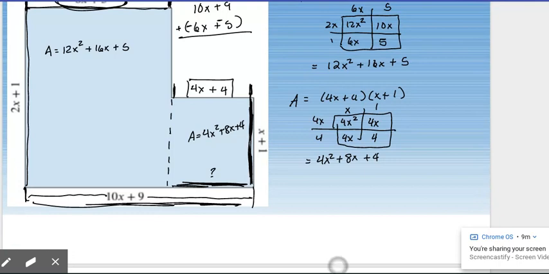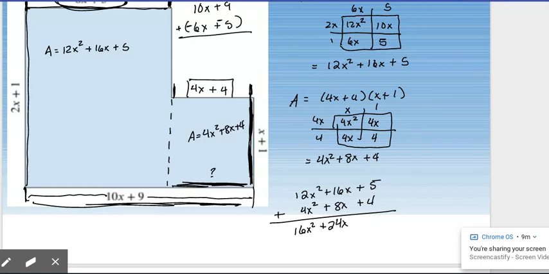So I'm going to add 12x squared plus 16x plus 5, and I'm going to add 4x squared plus 8x plus 4. And I'm going to get 16x squared plus 24x plus 9.